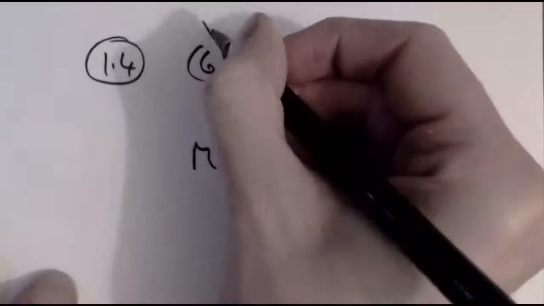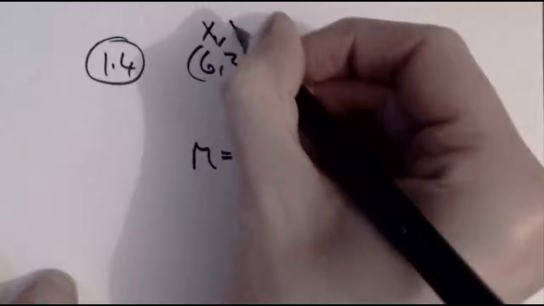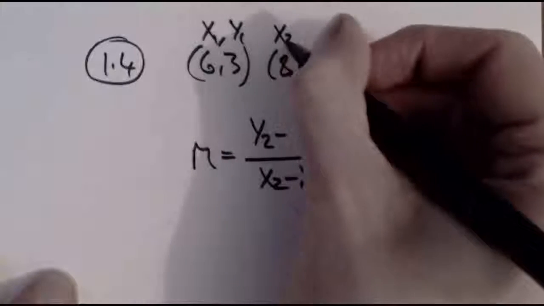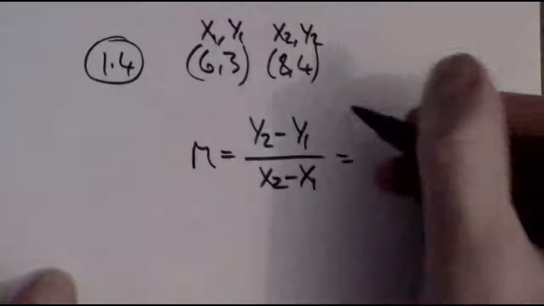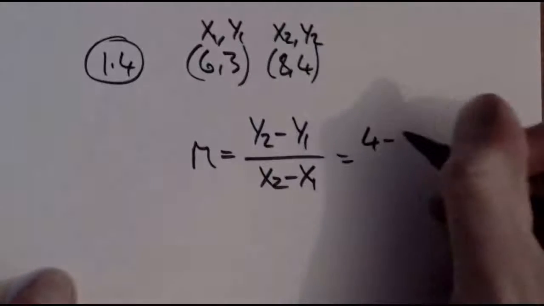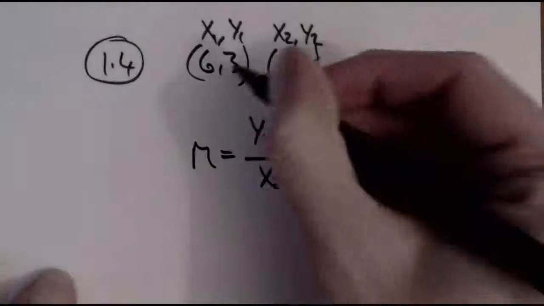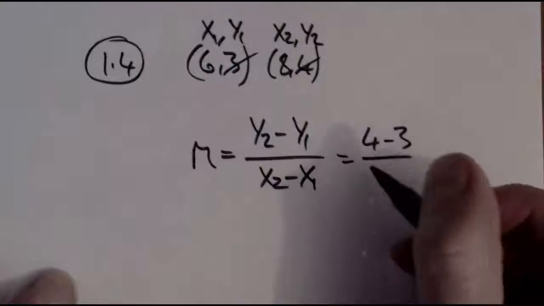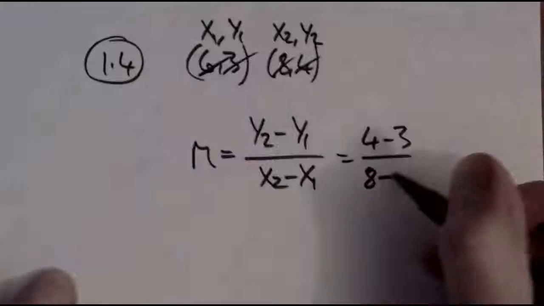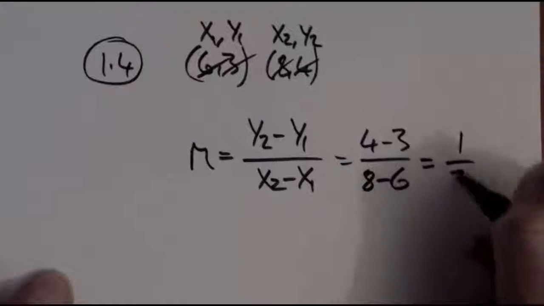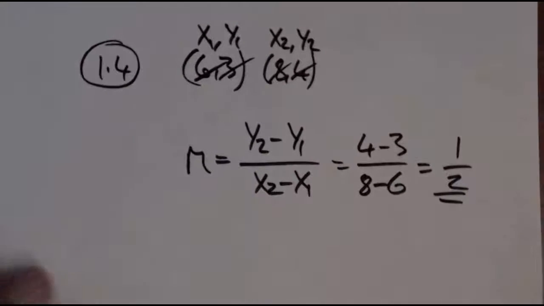I'm going to call this x1, this is y1, this is x2, and this is y2. So we just plug these figures in. So that's going to be 4 minus 3 over 8 minus 6. And that gives you a half. Okay, so that's your answer, and that's the technique.